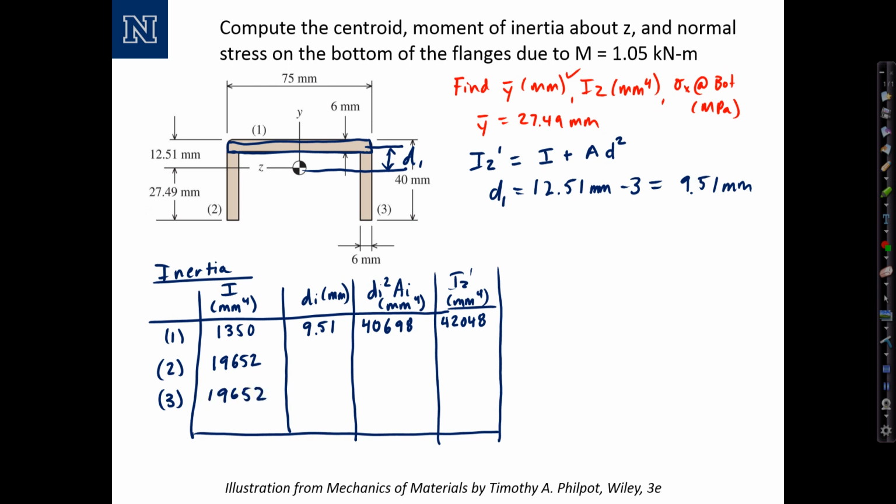d sub i for this section would be from the centroid of the section to the overall centroid. That's d2.